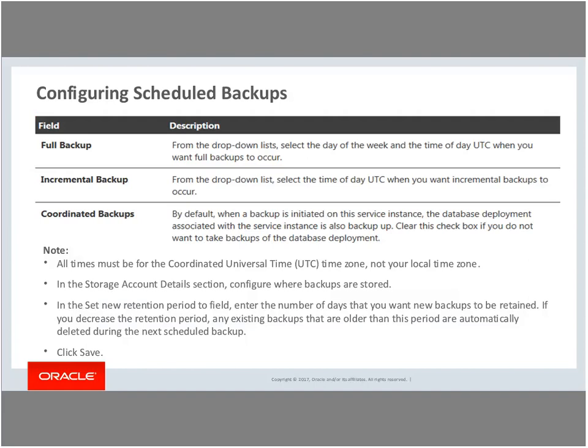For incremental backups, from the drop-down list we can select the time of day, in UTC, when you want incremental backups to occur. A full backup happens once weekly, and incremental backups, which are the delta on top of that full backup, occur every day except the day the full backup occurs.